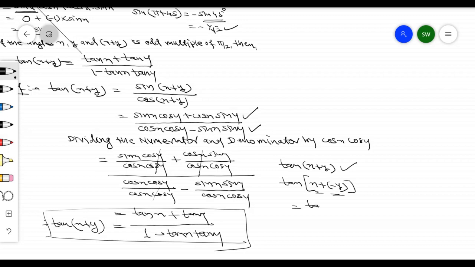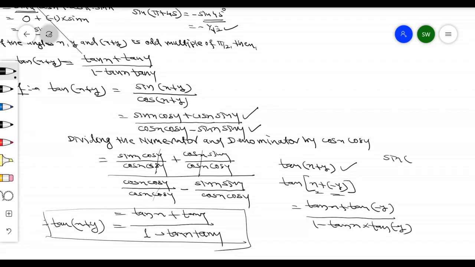Tan of the first angle, tan x, plus tan of the second angle, upon 1 minus tan x into tan of this minus y, and we know that sin of minus x equals minus sin x, like that tan of minus x also equals minus tan x.